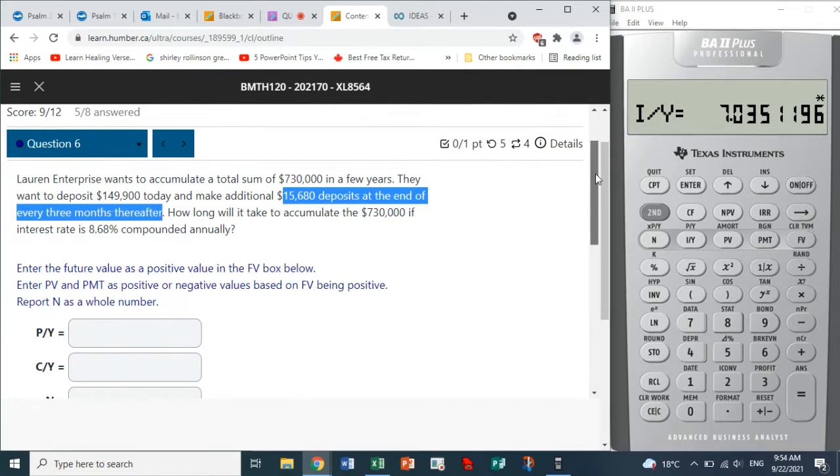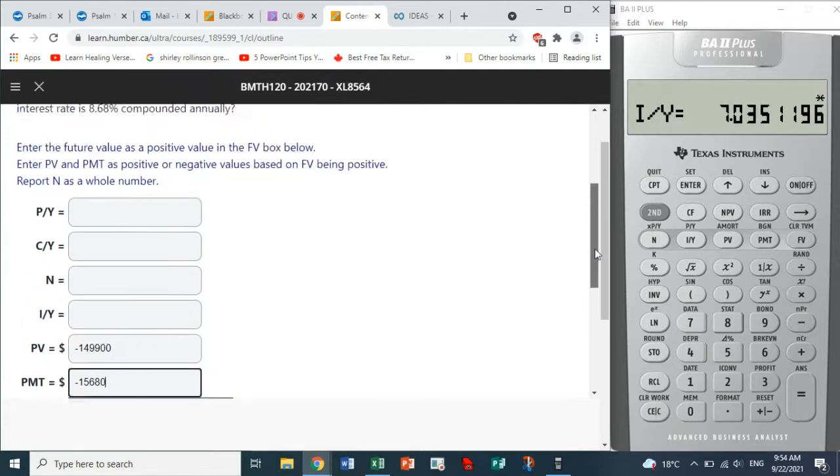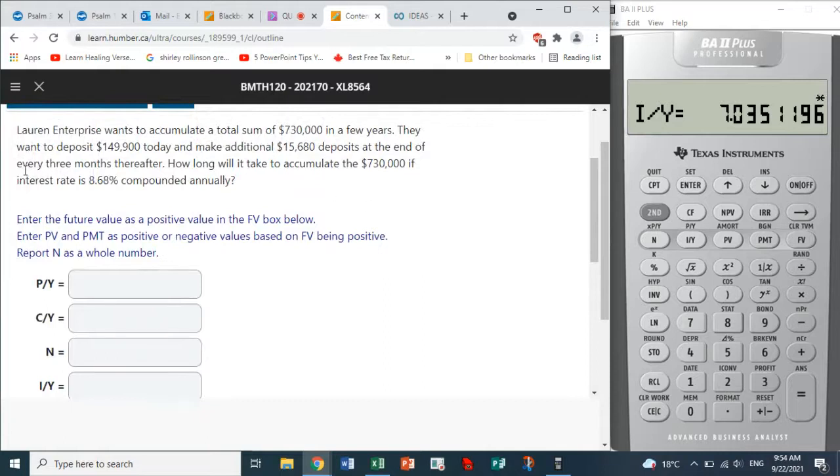So 15,680 would be the payment, and that is at the end of every 3 months. So this means 4 times per year. So PY would be 4.